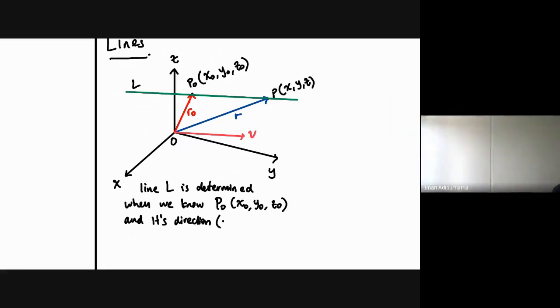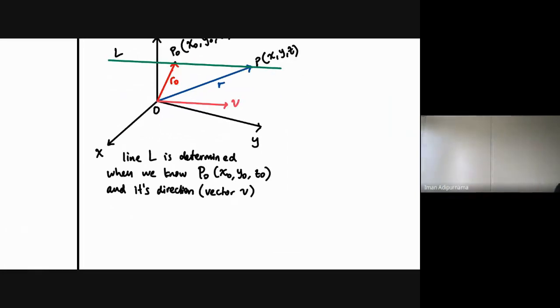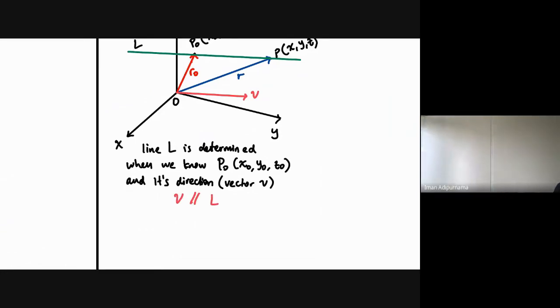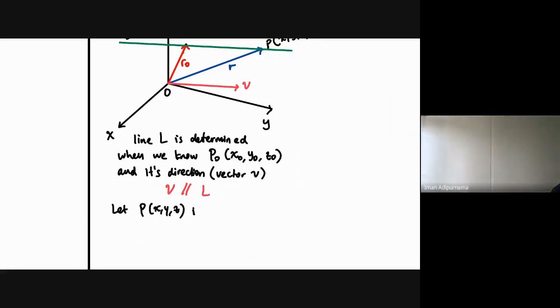In this case, the direction is the vector V, which is parallel to L. And then let P, the point x, y, z, be anywhere actually, but let P be an arbitrary point on L.